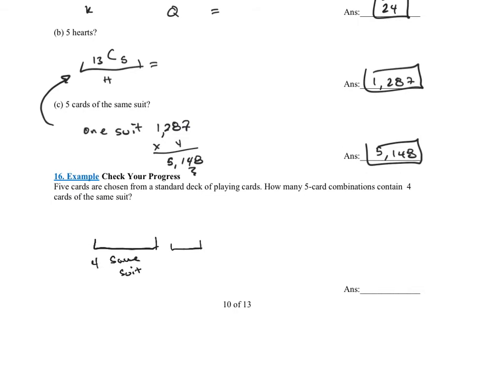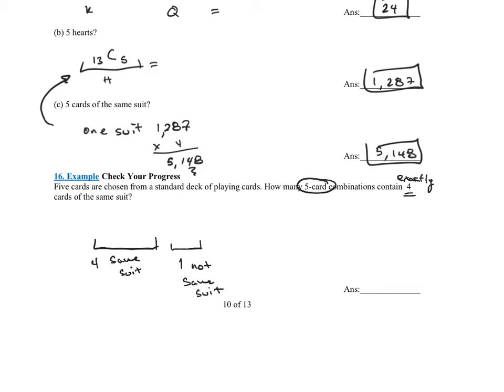We need 4 cards of the same suit, but I'm drawing 5 cards, so I have one that's not the same suit. What I don't like about this problem is where it says how many combinations contain 4, it really should say exactly 4, because we have to presume that that 5th card is going to be a different suit.